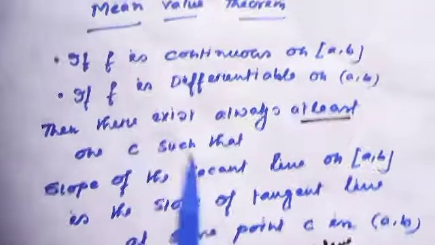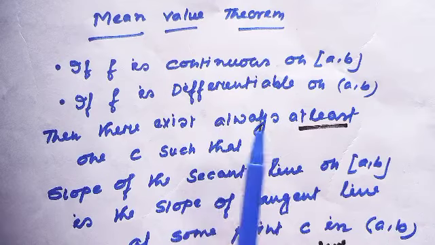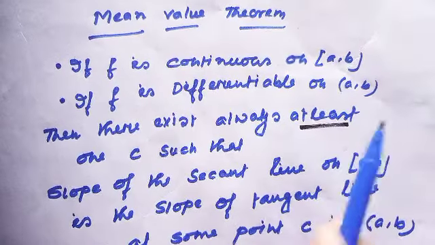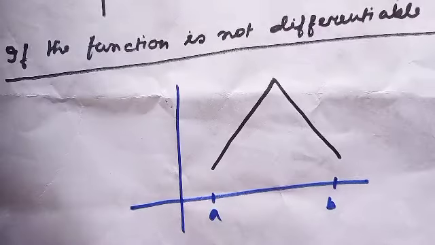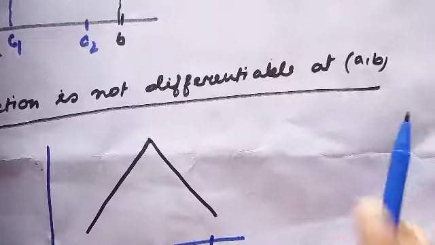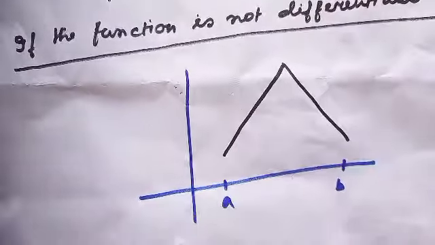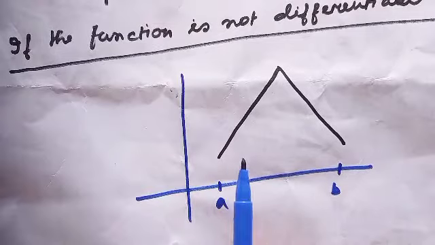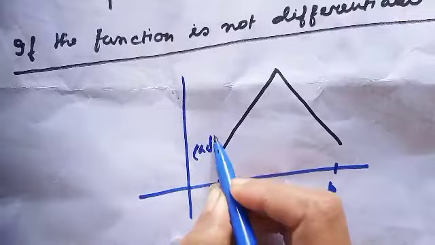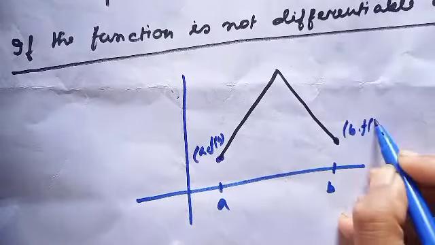Here notice one thing. The mean value theorem indicates f is differentiable on the open interval AB. If the function is not differentiable on the open interval AB, consider this graph. This point is A, f(a), and this point is B, f(b).